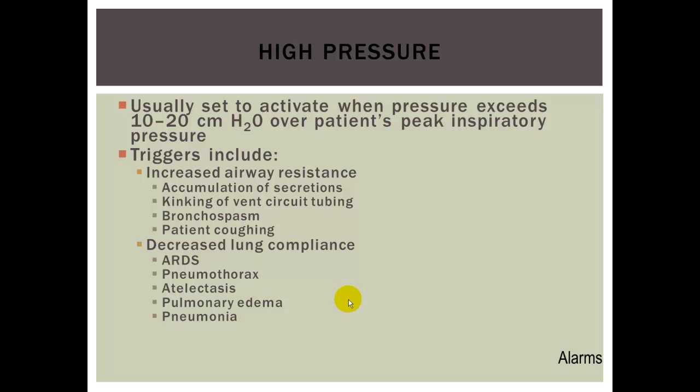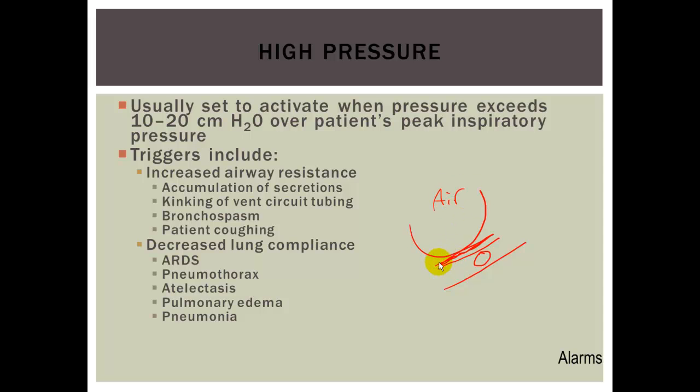Decreased lung compliance would also be ARDS, which is caused by the alveolar sac removing itself from the basement membrane. In this little area here, we have a basement membrane that attaches this to a capillary, which about one red blood cell can fit through. The air's in here.